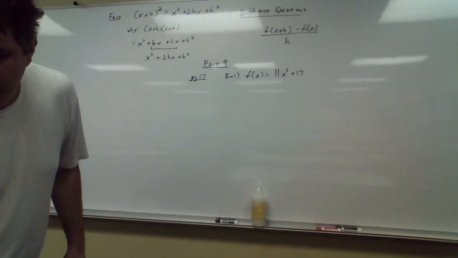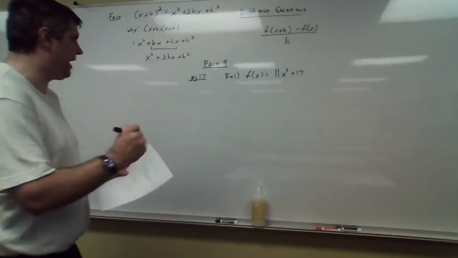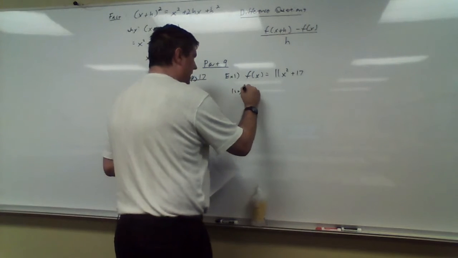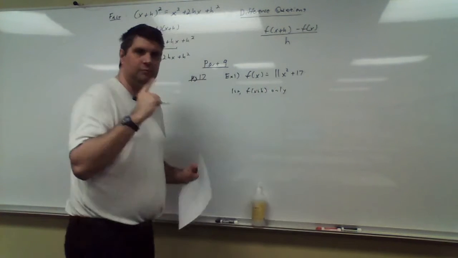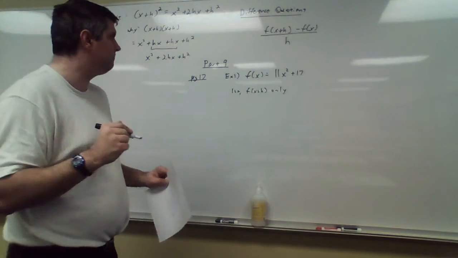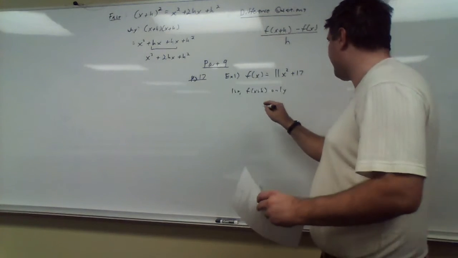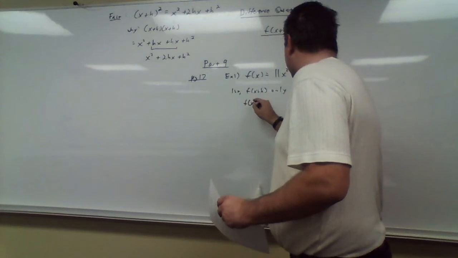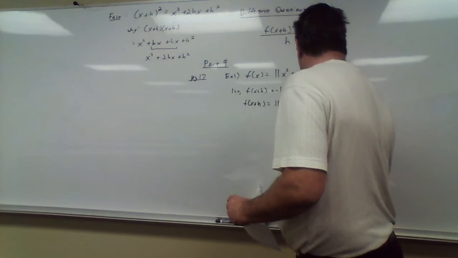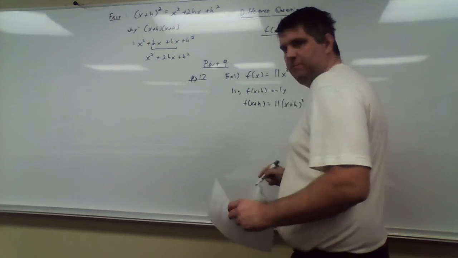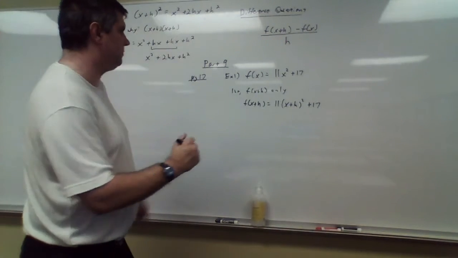You're going to want to follow the steps I gave precisely. First, f of x plus h only. So f of x plus h equals 11 times x plus h squared plus 17. We're going to use that fact.